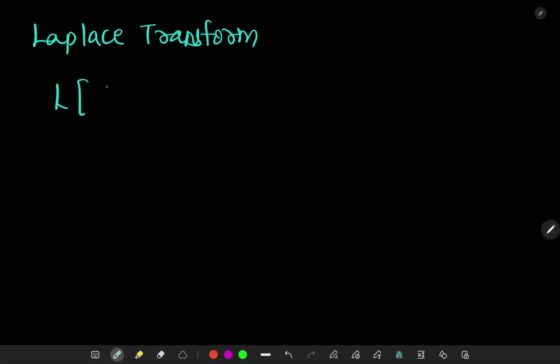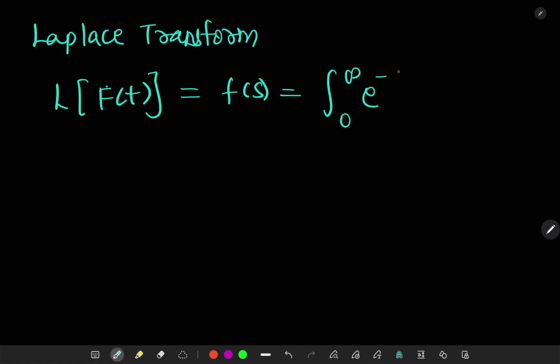Here the Laplace transform is written as the integral with limits 0 to infinity of e raised to power minus st f(t) dt. Here f(t) is piecewise continuous in every finite interval, and f(t) must be at most of order e raised to power at, where a is a constant.